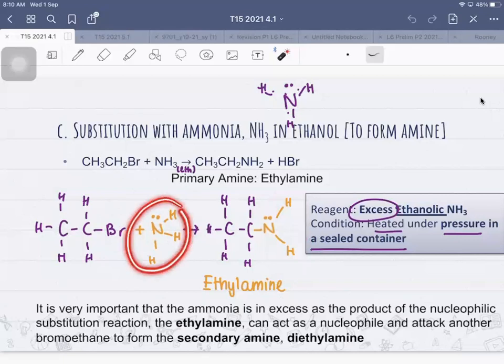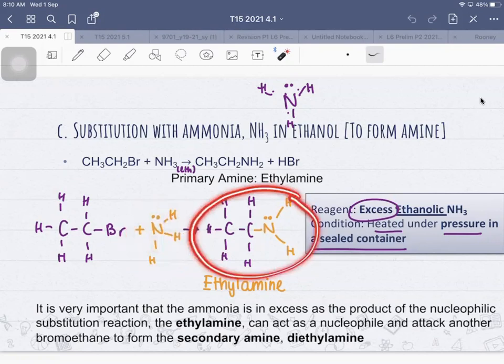Ammonia is also considered an amine, a primary amine where all the bonds attached to nitrogen are attached to hydrogen. Whereas ethylamine is also a primary amine where 2 of the bonds from the nitrogen are attached to 2 hydrogens and 1 of them is attached to an alkyl group.